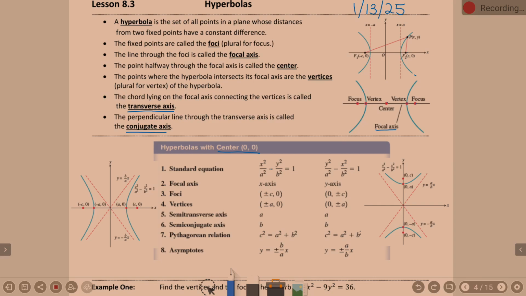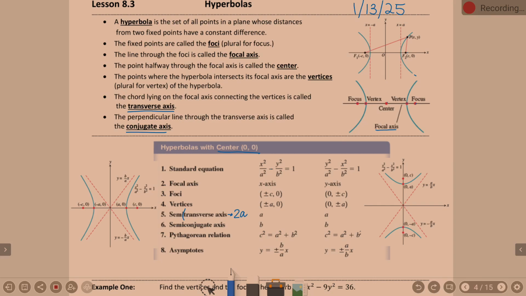What I'm going to remind you is that when they talk about the transverse axis, in the problems they don't tend to use the word semi, they just say the transverse axis, and that transverse axis is going to equal 2A. Okay, just like the major axis equals 2A, the transverse axis equals 2A.